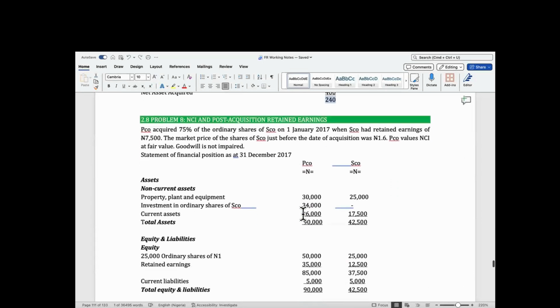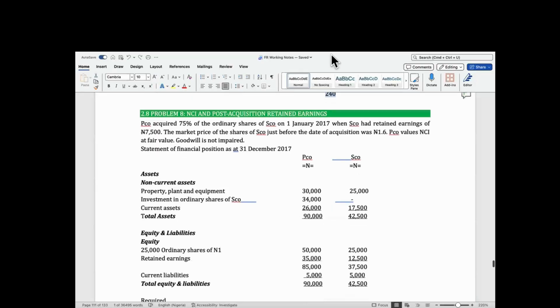Now, this one states that Pico acquired 75% of the ordinary shares of ESCO on 4th January 2017 when ESCO had retained earnings of 7,500. The market value of the shares of ESCO just before the date of acquisition was 1.60 naira.